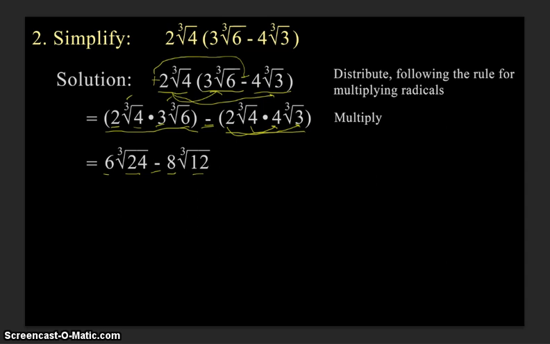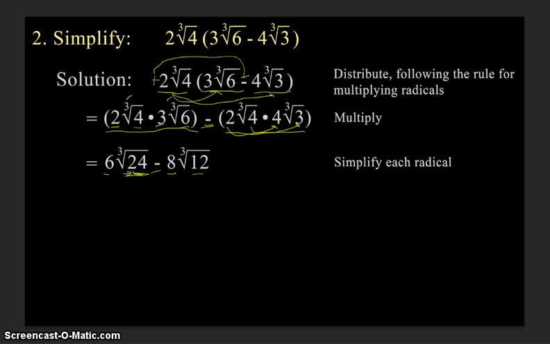Okay, so next, simplify each radical. So dito sa 24, hindi siya perfect cube root. Pero tingnan natin kung meron bang pair factor itong 24 na kung saan is yung isa is perfect cube.